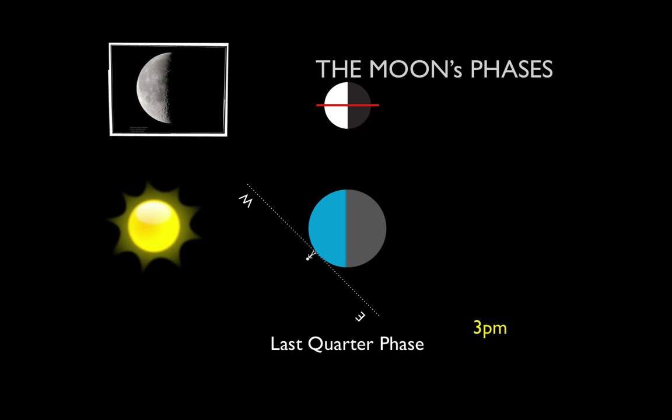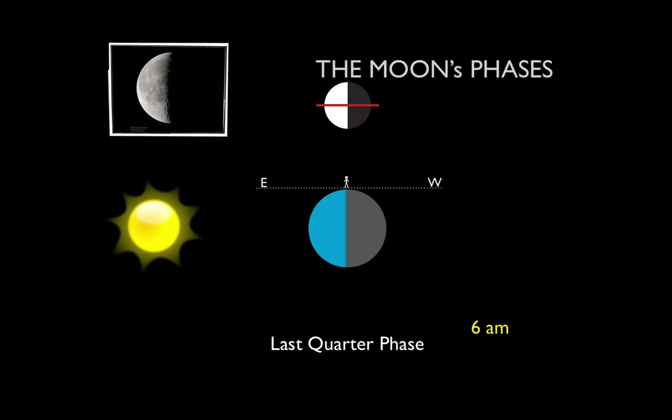As we advance in time, this last quarter moon cannot be seen at 3 p.m., nor at 6 p.m., nor at 9 p.m., but at midnight it appears to rise above the eastern horizon, so that at 3 a.m. it's a ways above the eastern horizon, and at 6 a.m. it's directly overhead.